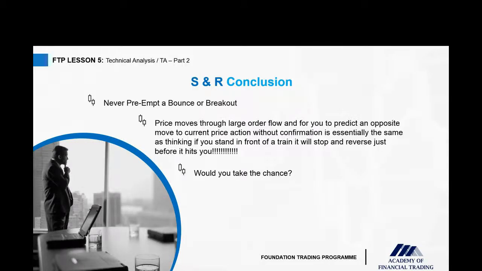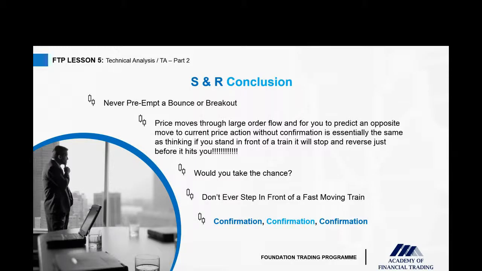Would you not instead prefer to look at a train and say, you know what, that's pretty powerful, and it looks like it's going to keep going? Is that not a more logical argument? It's momentum. A body will stay in motion until something else impacts upon it. So that's the reason why we're going to work with momentum. That's why we're going to use pending orders.